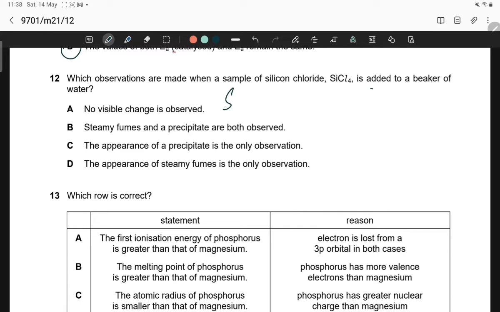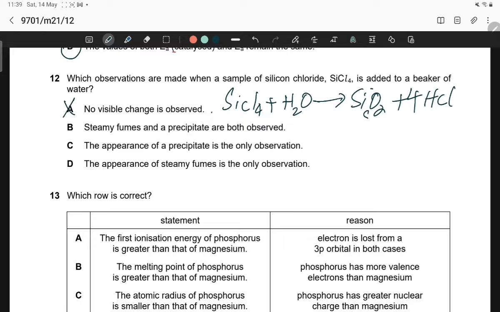Let's see. SiCl4 reacts with water to form SiO2 plus 4HCl. So no visible change is observed? No, there is a visible change because silica precipitate is formed.